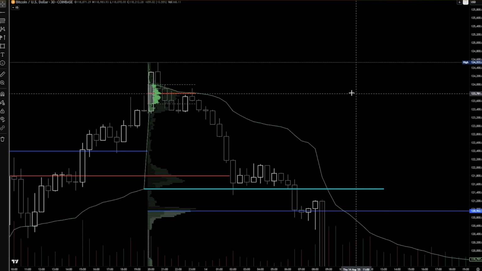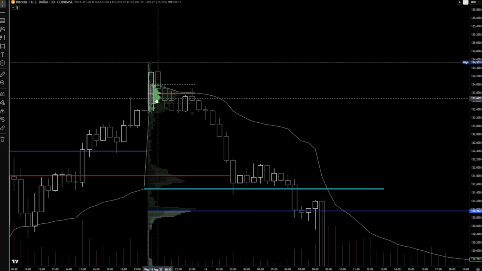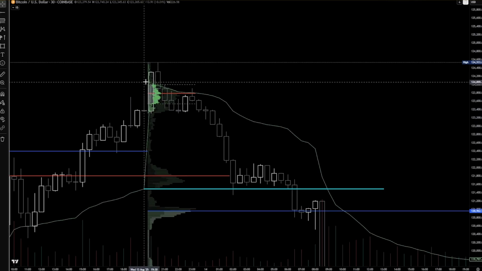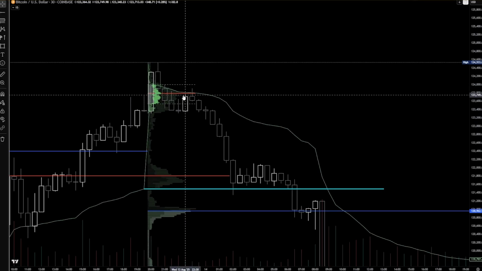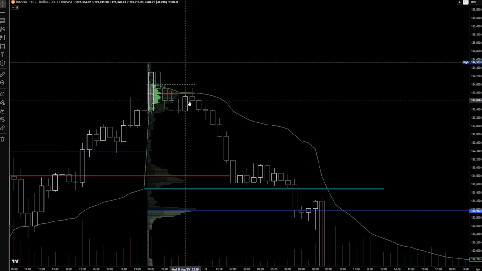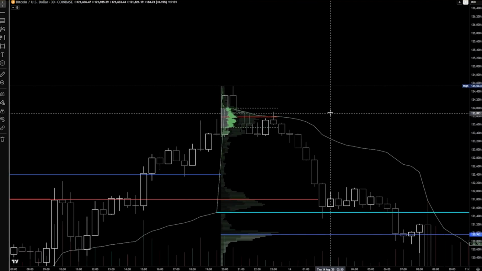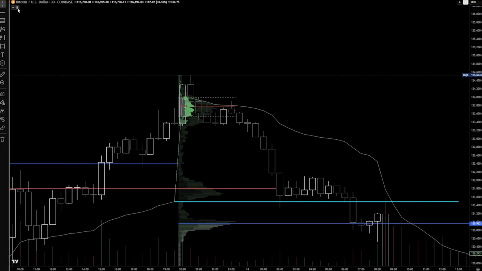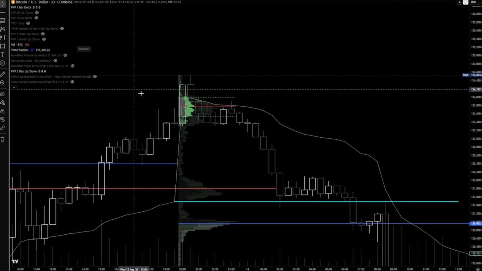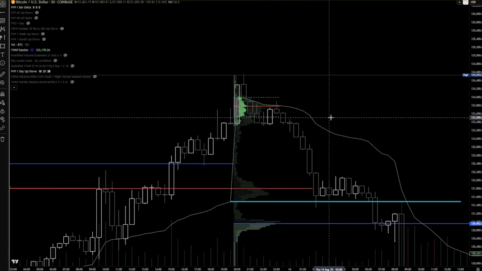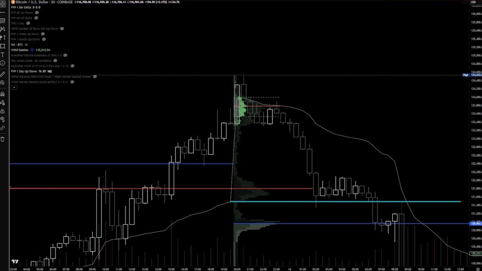Okay, we got that early VWAP rejection through here, but we could even go for that failed auction view. It's not calculating that far back. Maybe it will if I rewind it.